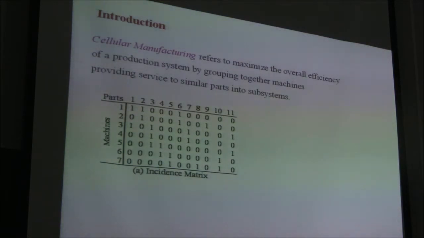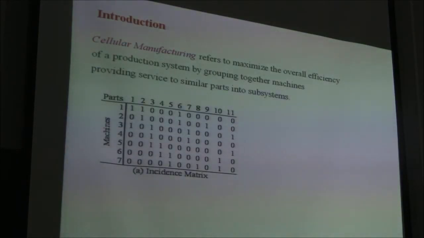And the idea of the cell formation problem is to subdivide the system into subsystems in order to maximize the interaction between the machines and the parts that are in the same subset. This is the idea of the problem.